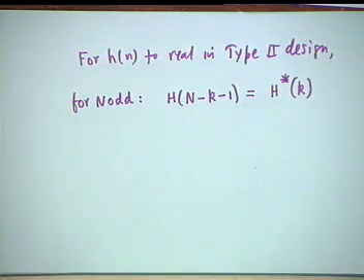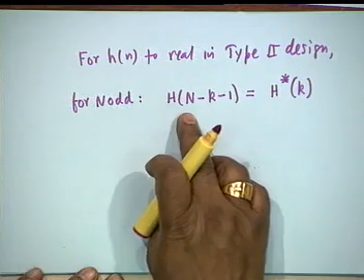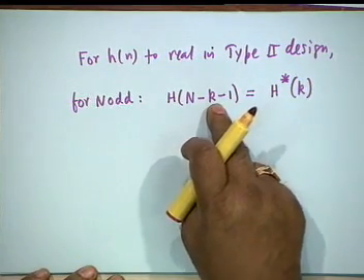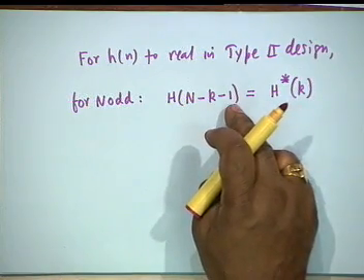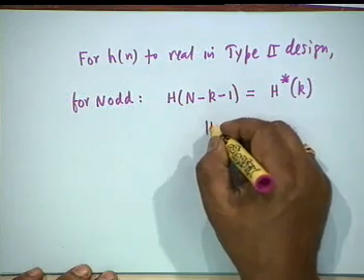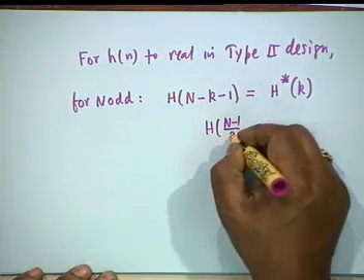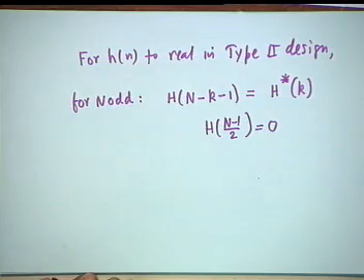Do you see the difference? In the previous case, capital H of n minus k was required to be H star of k. Here it is n minus 1 minus k, and in addition the middle term, n minus 1 by 2, should be equal to 0.